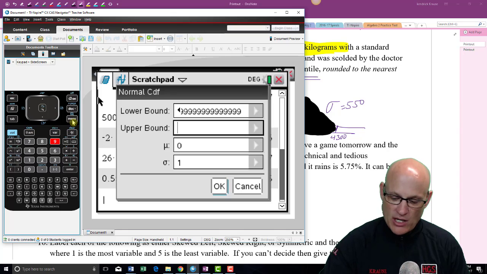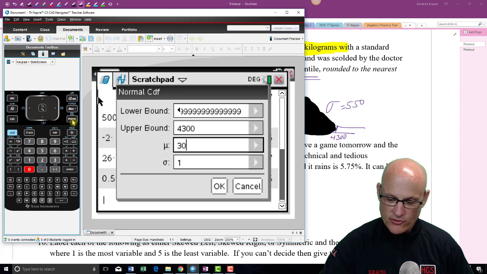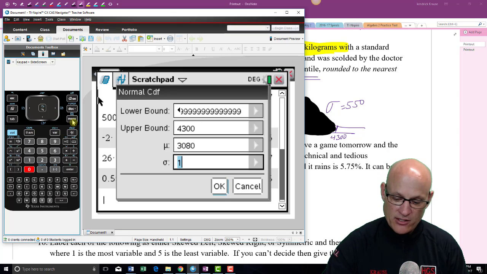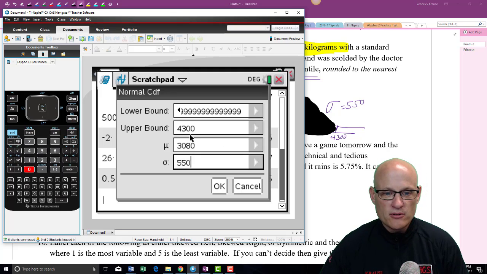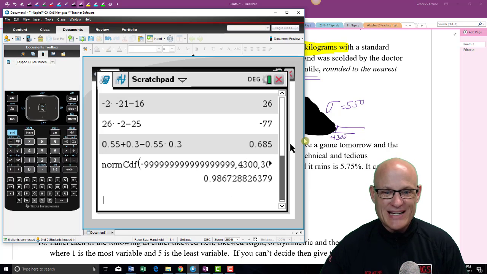Now this chubby Chihuahua is 4,300 grams. The average chubby Chihuahua is 3,080 grams with a standard deviation of 550 grams. So, lower bound is negative infinity. Upper bound is the weight of the dog. The mean and the standard deviation of the population. We click OK, click OK.